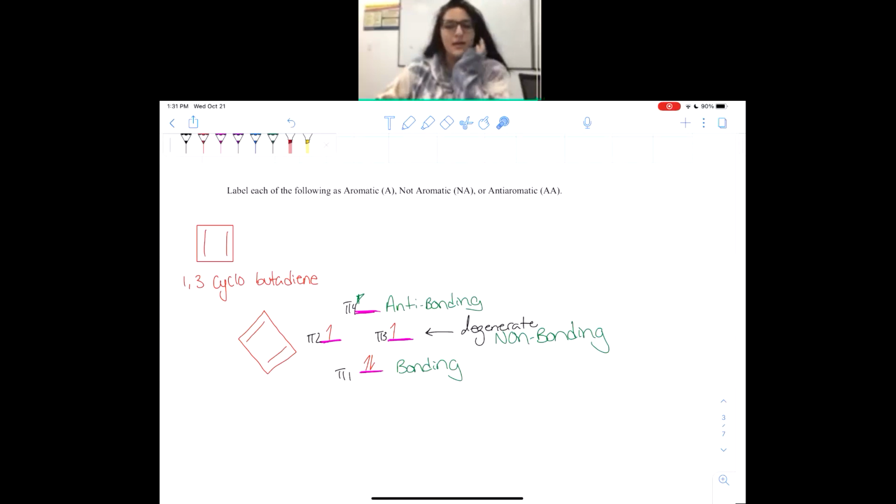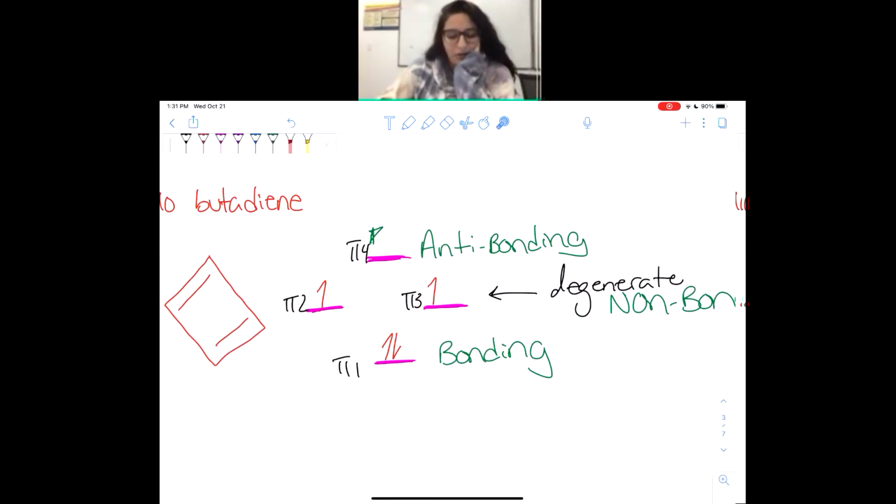So the last thing is our HOMO and LUMO. You guys tell me, which one do you think is the HOMO and which one do you think is the LUMO? Yes. So pi 3 is the HOMO and pi 4 is the LUMO.